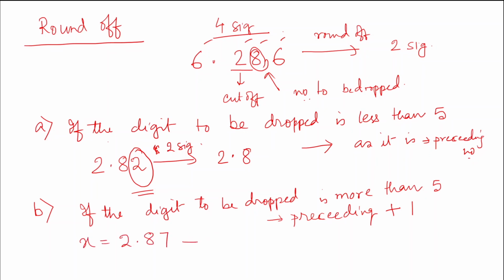Okay, so we have to round it off to two significant digits, right? So 7 here is a digit that has to be dropped. 7 क्या है, 5 से ज़्यादा है, so 7 is greater than 5, so +1 is added to 8, right? So it will be 2.9. So 2.9 is two significant digits, right?